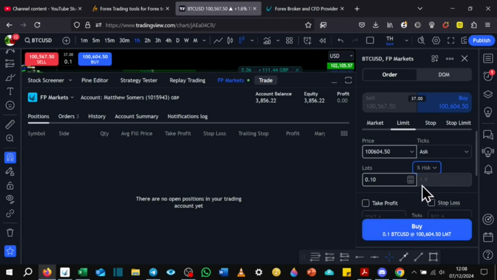And you're still risking 1% of your account. So as your account grows, your lot size increases. £2,000 might be a 0.20 lot size, and so on and so forth, right?